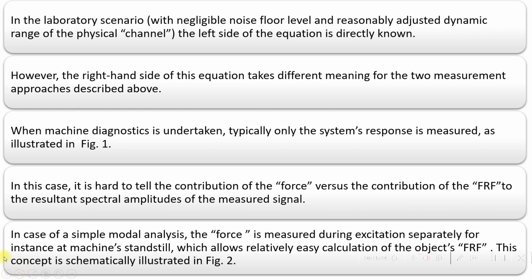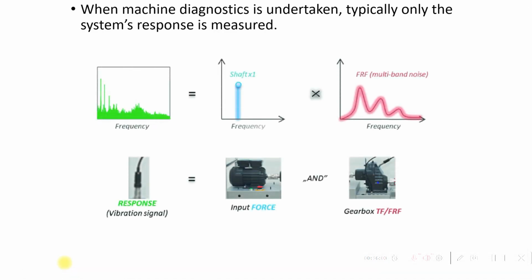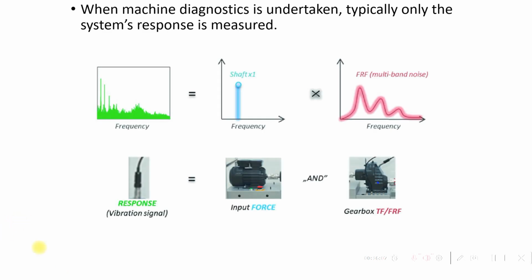In case of a modal analysis, the force is measured during the excitation separately, for instance at machine standstill, which allows relatively easy calculation of the object's FRF. This concept is schematically illustrated in figure 2. You can see response is equal to force into FRF.